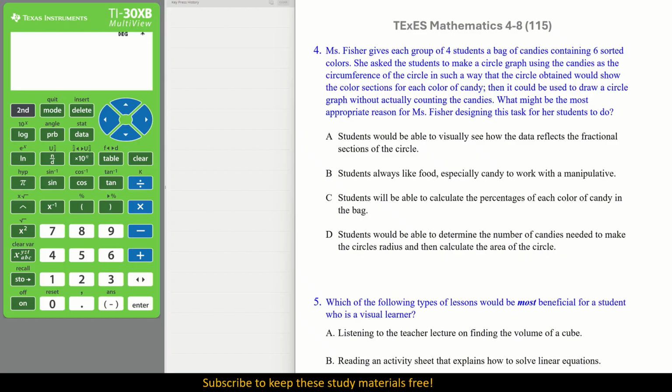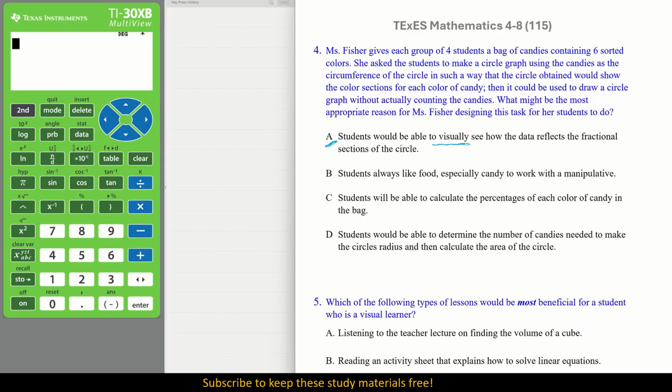Students would be able to visually see how the data reflects the fractional sections of the circle. That's what I just described. That makes sense. That would be a nice visual. And I like the way they talked about a type of learner. So I'm going to underline A for now.